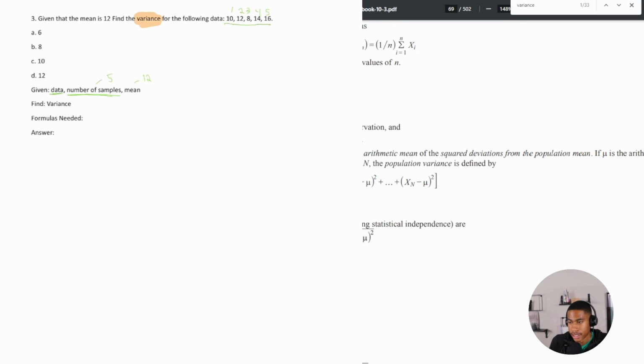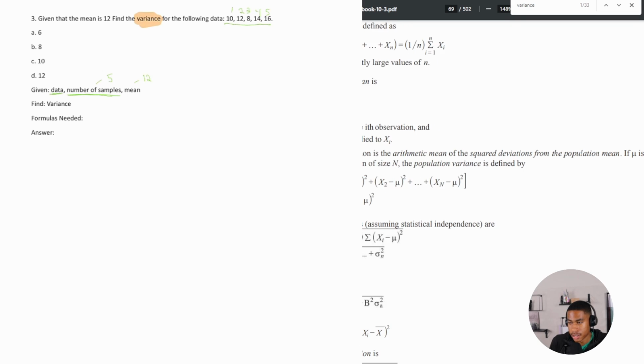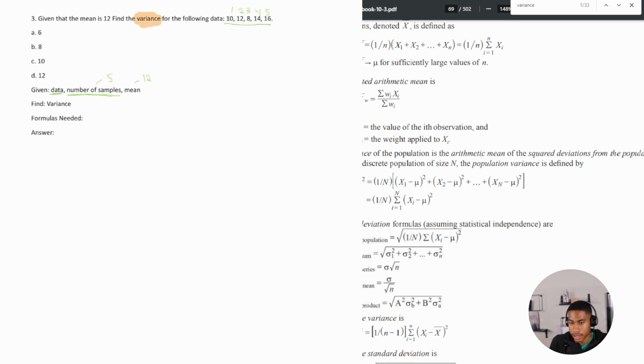If mu is the mean of a discrete population, n is the size, the population variance is defined by this. So basically, you need to take 1 over the number of samples. So we'll just start there.